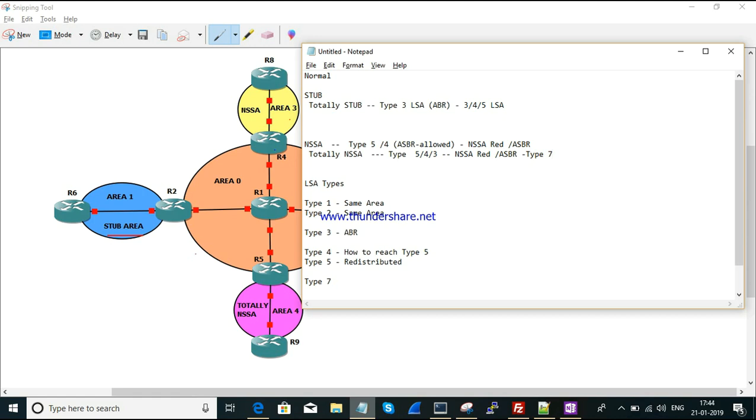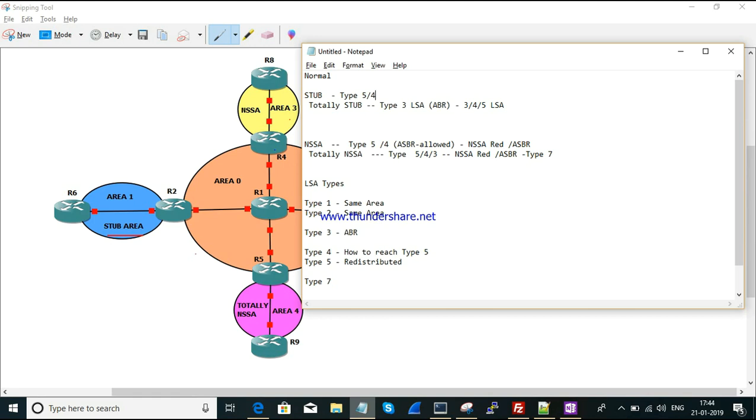So overall, this is about OSPF area types. To make it simple, every area, stub, totally stub, not so stubby, totally not so stubby, blocks type 4 and type 5 LSAs.